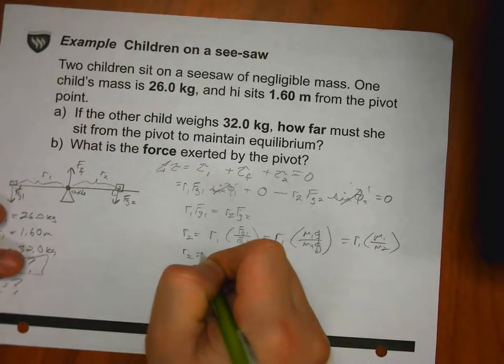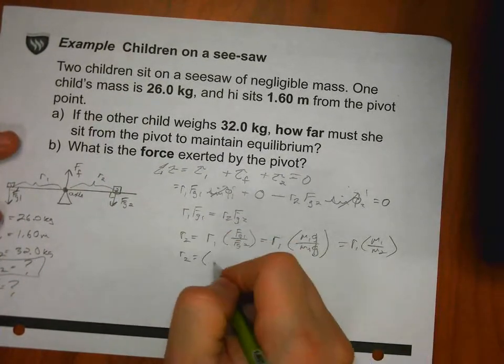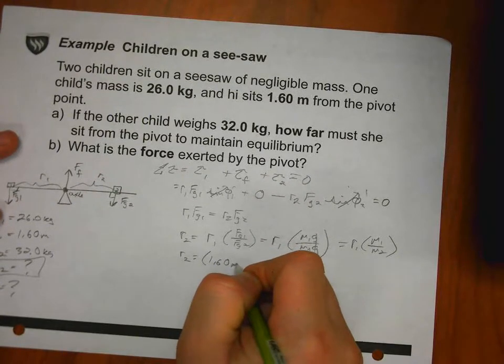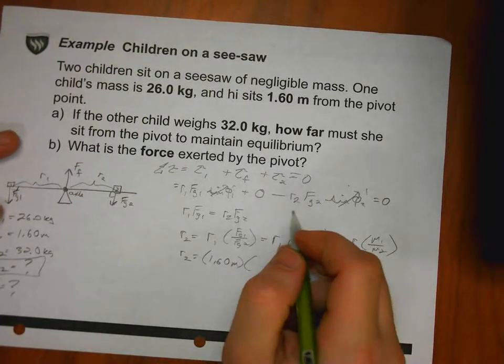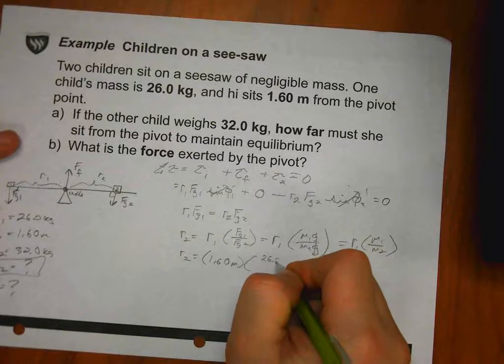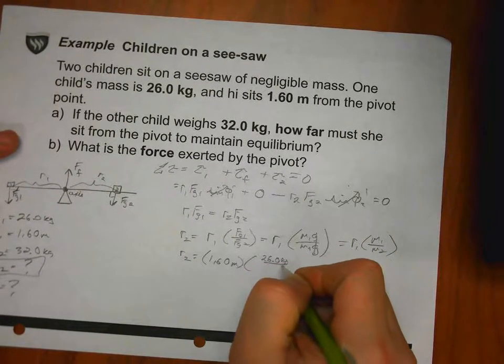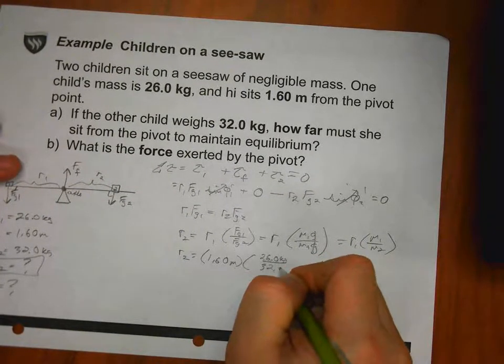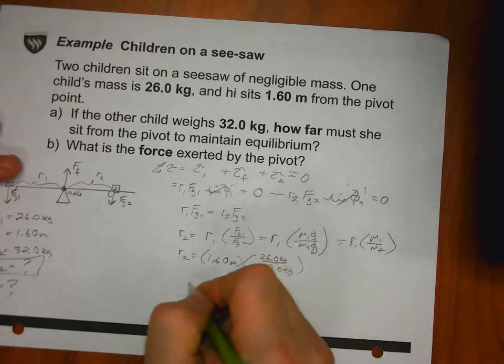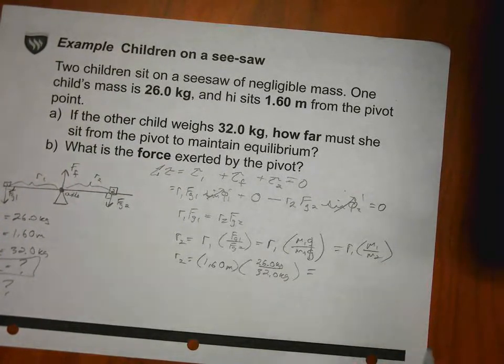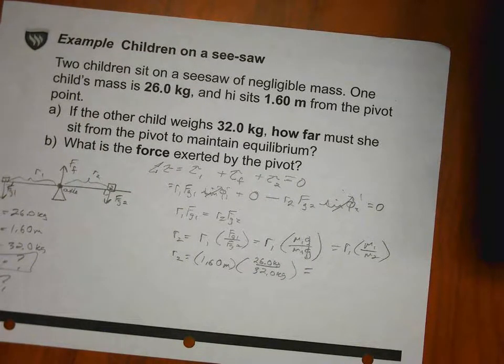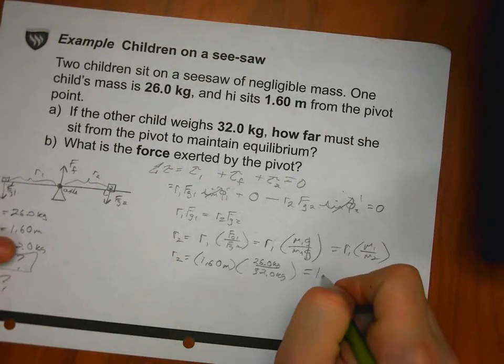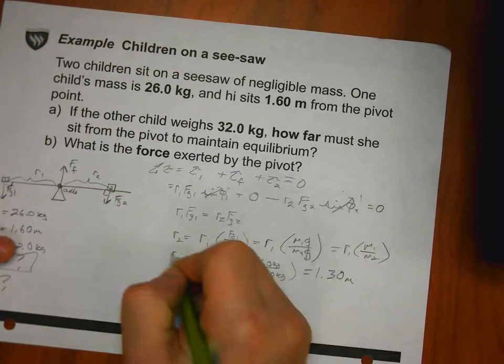Or R2 just equals 1.60 meters times 26.0 kilograms over 32.0 kilograms, which then equals 1.30 meters.